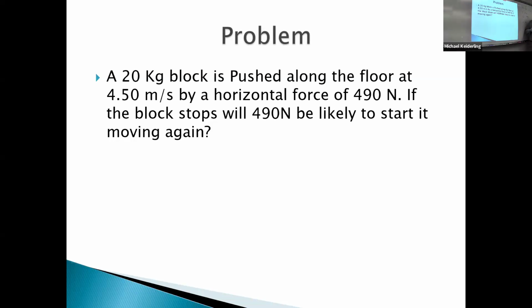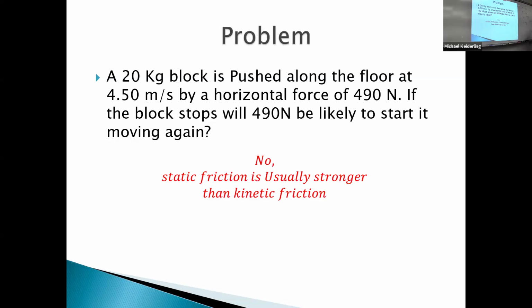That is the force needed to overcome friction, but it's the force needed to overcome sliding or kinetic friction. And static friction is usually stronger than kinetic friction, so it is unlikely that that will be enough. You'll probably need some more force. You probably experience this when you're pushing something. Once it starts moving, you don't have to push as hard.